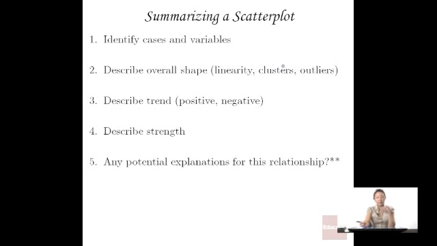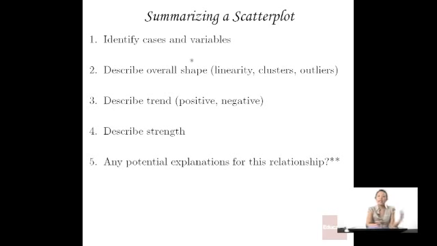All right, so now let's talk about how to summarize a scatter plot. We've seen some of the different features of it, but here's how you sort of wrap your mind around a scatter plot. And I've distilled it into 5 steps so that it'll be easier for us to knock through all of them.